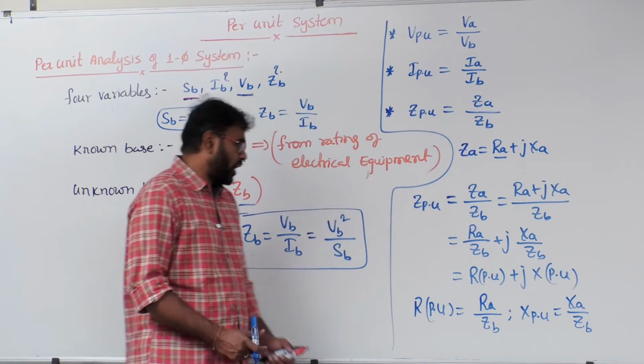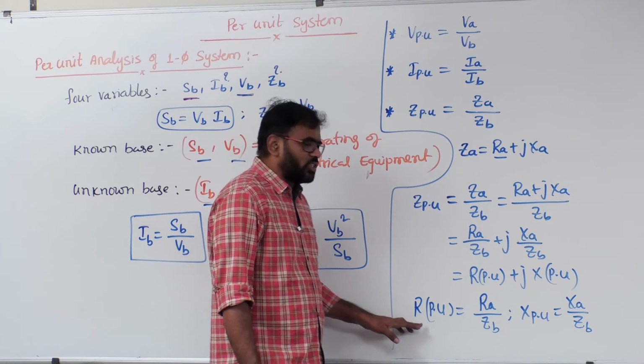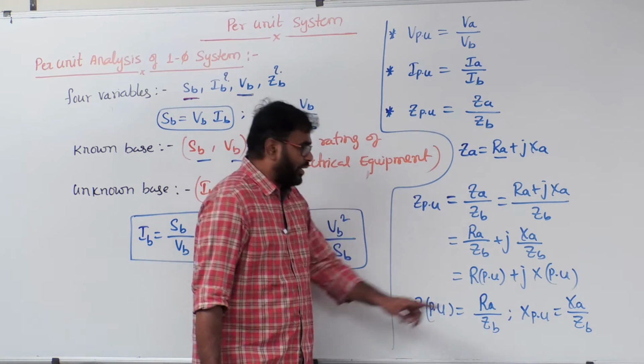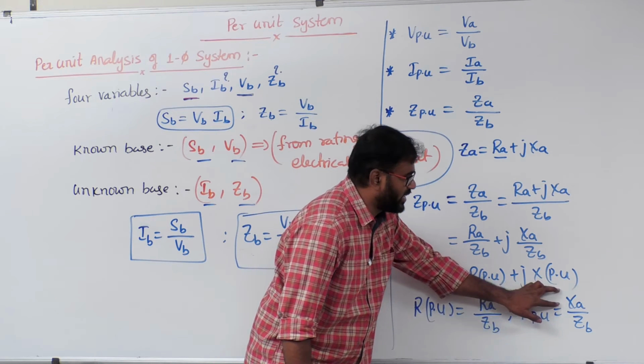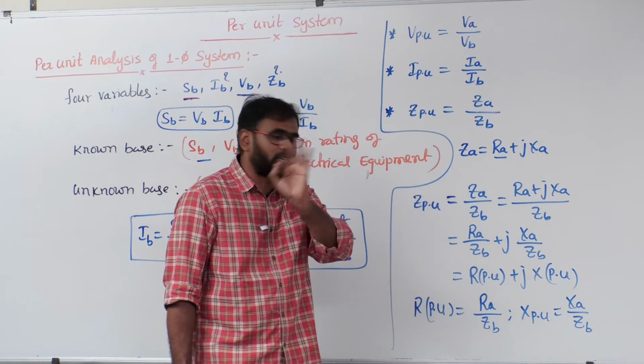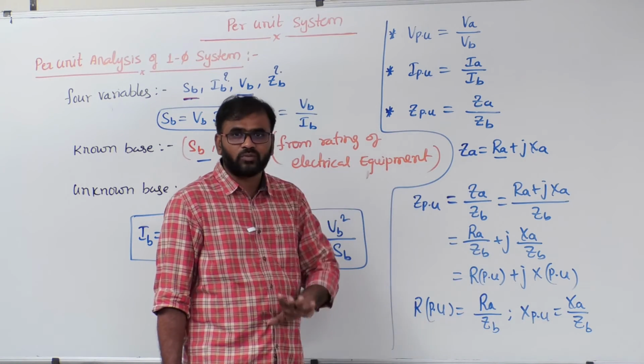Again, I want to avoid one confusion here. Many people will think that resistance per unit equals resistance actual by resistance base, and reactance per unit equals reactance actual by reactance base. Strictly speaking, there is no existence of resistance base and reactance base. That is a blunder. Why?